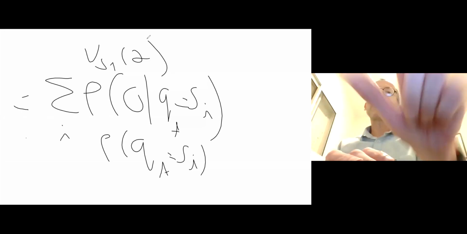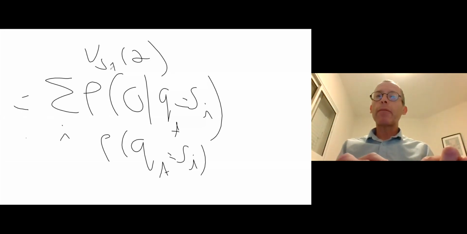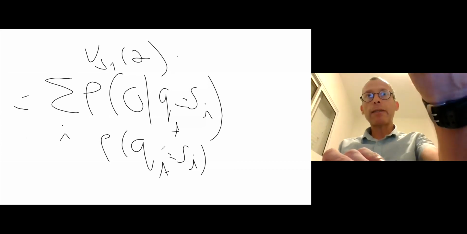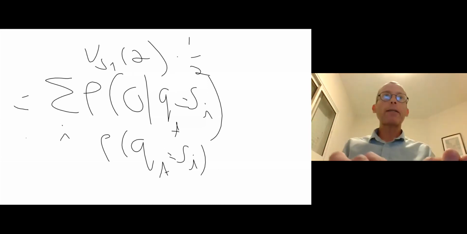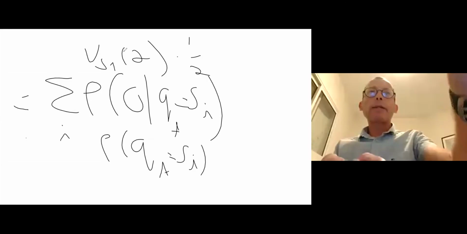What's the probability that we are in state 2 at time 2? It's only if we stay there, so this is times half. So this is for state 1, which is VS12 times half. Okay, so this was for state 1.